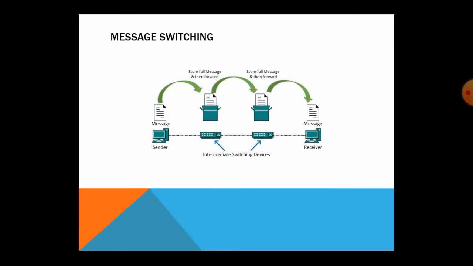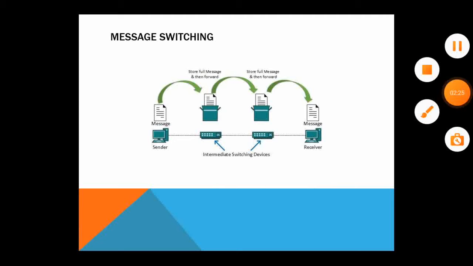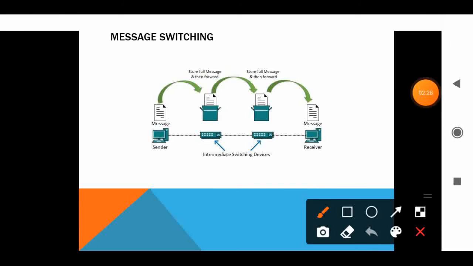Let us see how message switching works through the network. Here we have the sender node and the receiver node. The sender sends the message through the network. The switching office receives the message. This data or message is stored in a place called a buffer. A buffer is a temporary storage area where data and messages are stored.